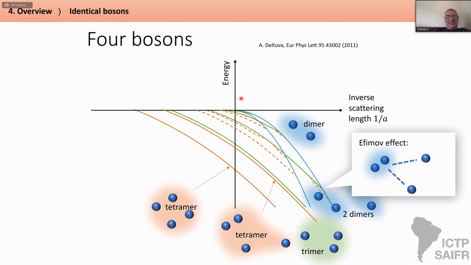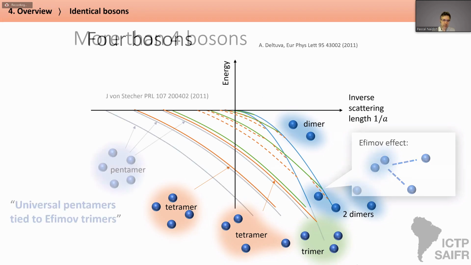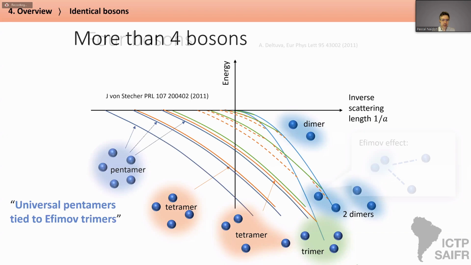Very rich indeed. Okay, so this was the result for four bosons, and then people looked further for a larger number of bosons, and it turns out that one can find pentamers. In that case, for the ground state, there are three pentamers, two of them being just below the tetramers.